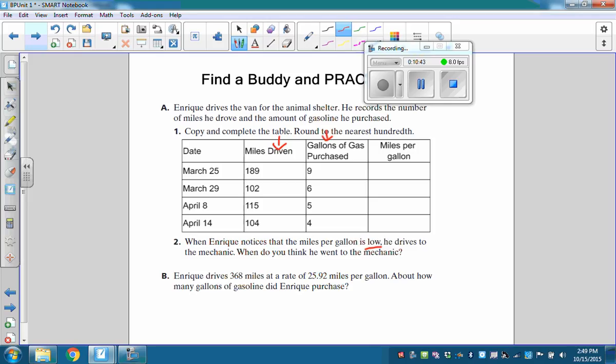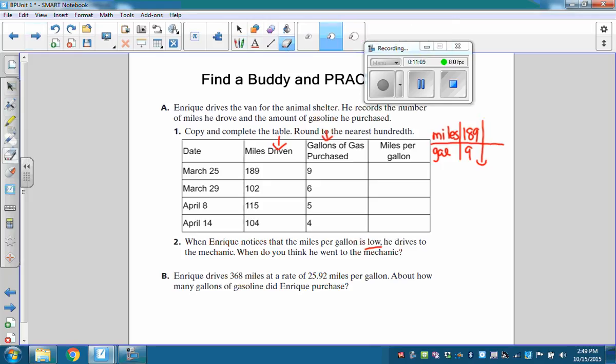So Andrea, how do I get miles per gallon on the first one? How many miles did he drive on March 25th? And how many gallons of gas did he use? 9. So I'm just doing this simple little ratio table every time to figure out my unit rate.